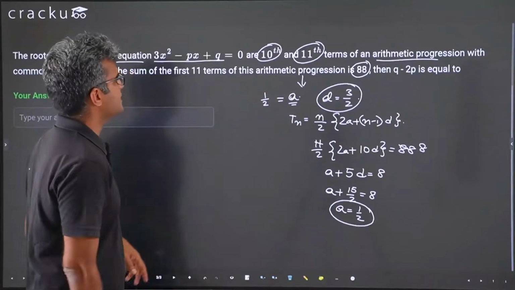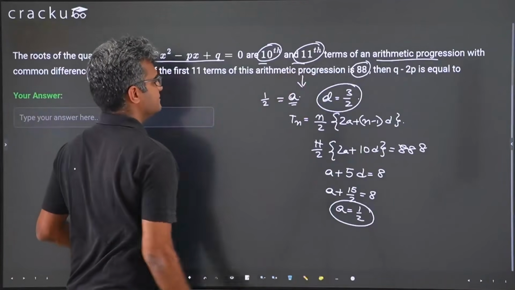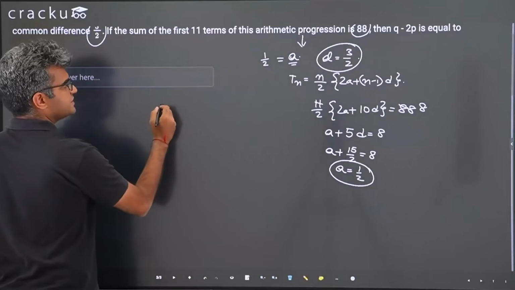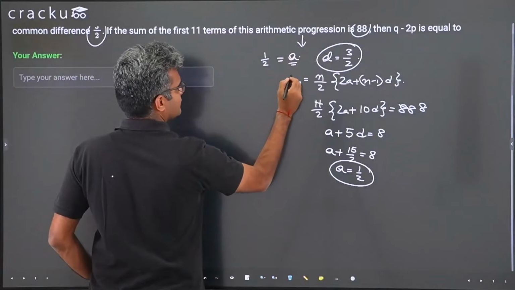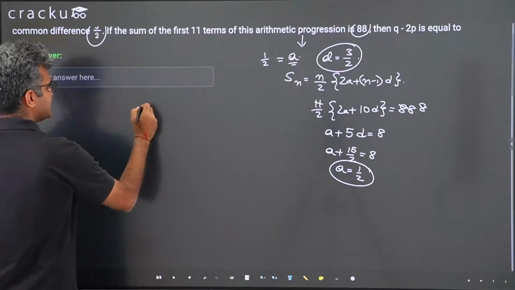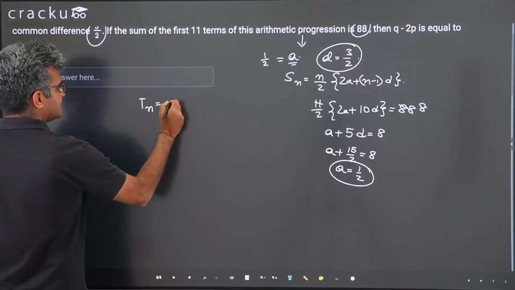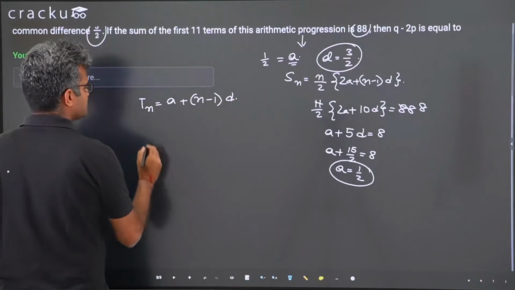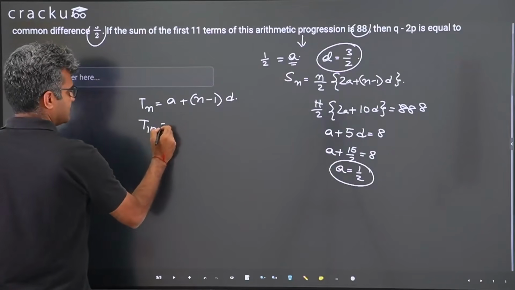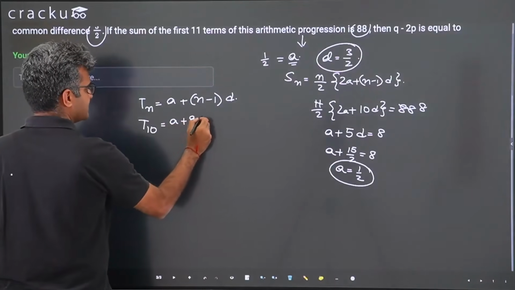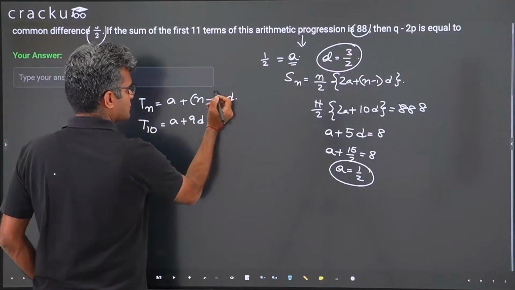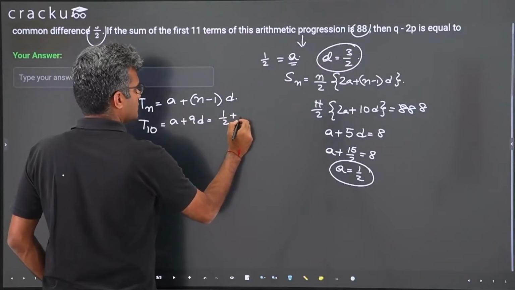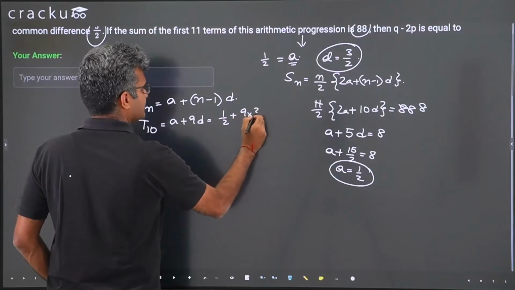Now we are required to calculate the 10th term and the 11th term. In an arithmetic progression, this is the sum of the first n terms. What is the nth term? Nth term is a plus n minus 1 into d. So what is the 10th term? 10th term is a plus 9d, which is equal to 1 by 2 plus 9 into 3 by 2.